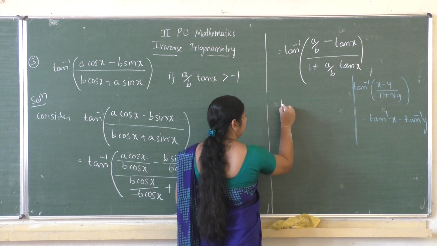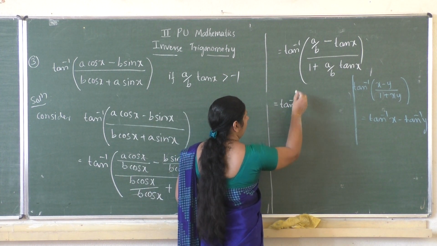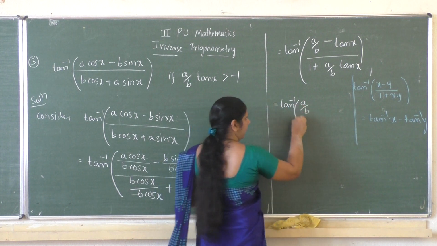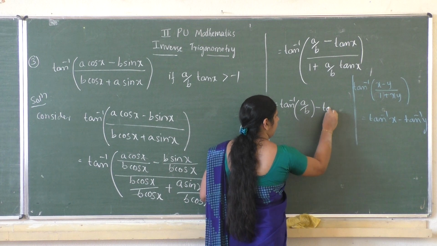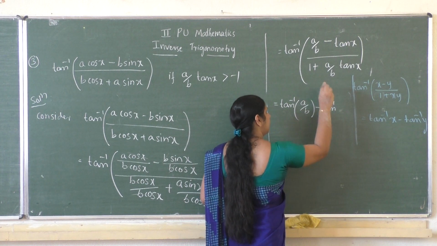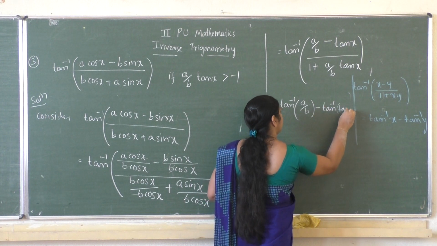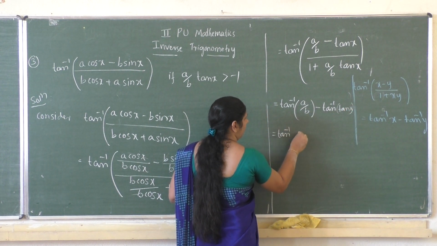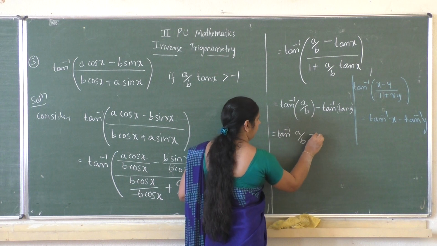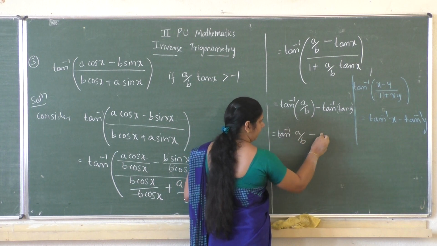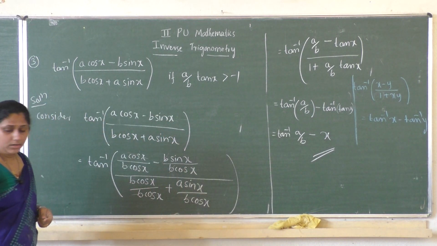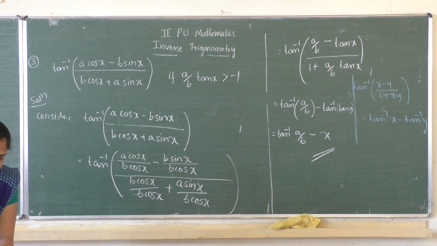So this is tan inverse of a by b minus tan inverse of tan x. What is tan inverse of tan x? Equal to x. So this is the simplified form of the given question.